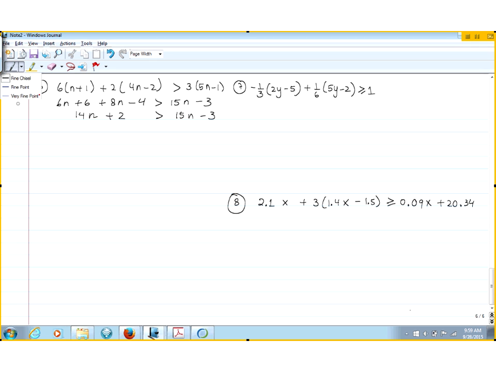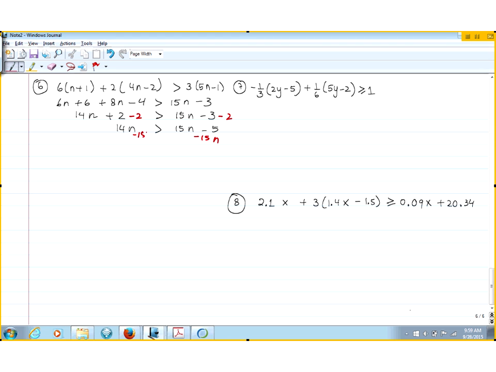Then subtract 2, because we want n to be on the left. So we have 14n is greater than 15n. What is minus 3 minus 2? Good.